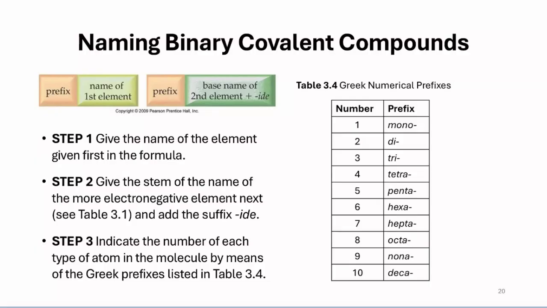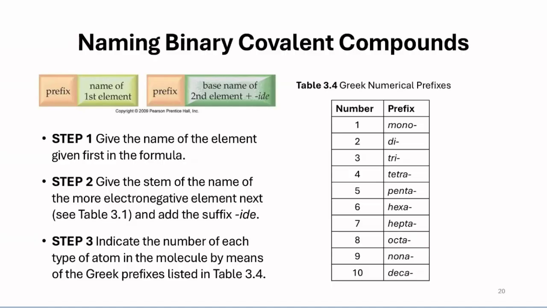Then for the second atom, which in this case is always going to be a nonmetal, you're going to give the stem name of the nonmetal followed by the suffix "ide." That second nonmetal will always have a prefix. How do you determine the prefix names?